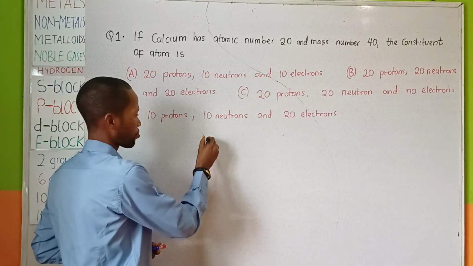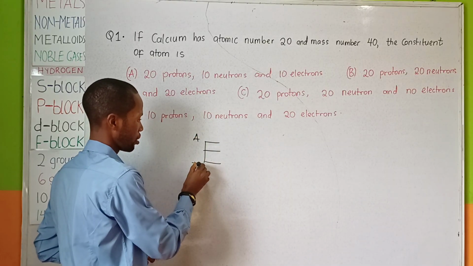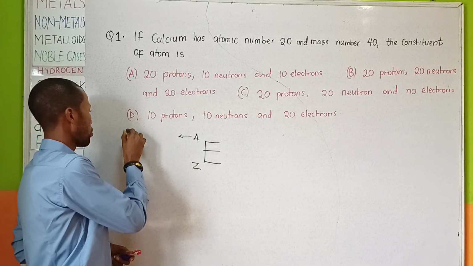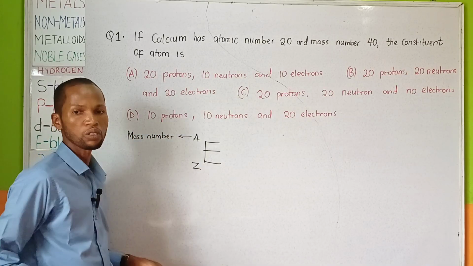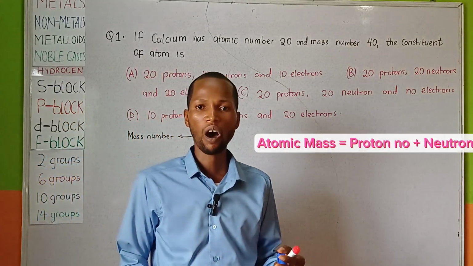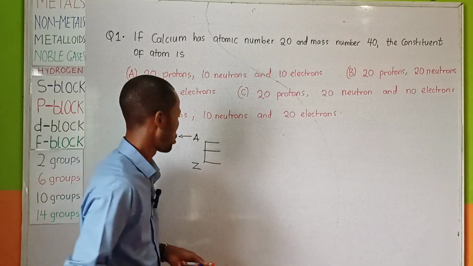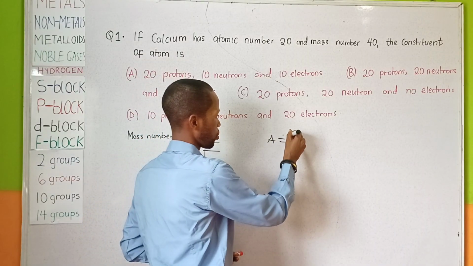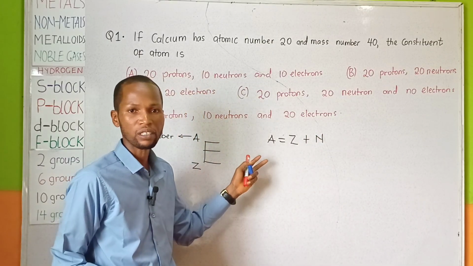It is written as A, Z, where A denotes the mass number of an element, also known as the atomic mass, and the atomic mass is the sum of the proton number and the neutron number in the nucleus of an atom, which implies that A equals proton number plus neutron number, in order to determine the atomic mass.